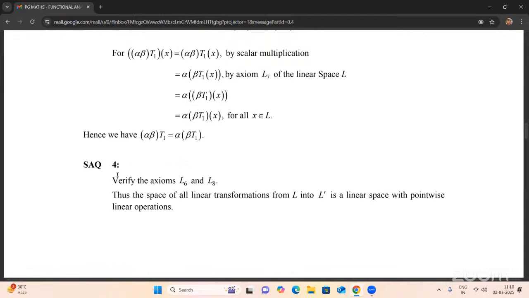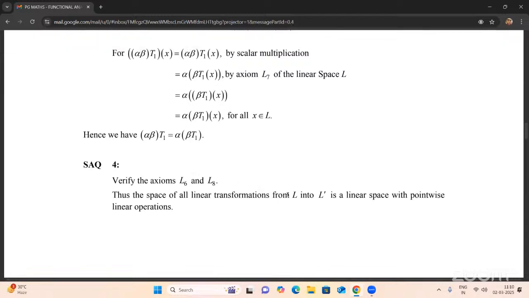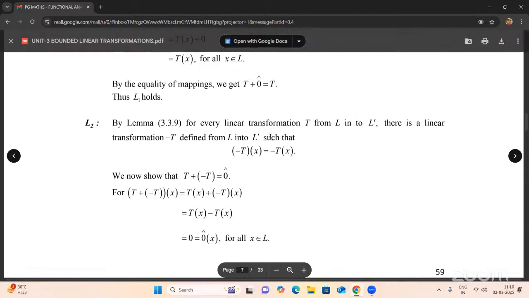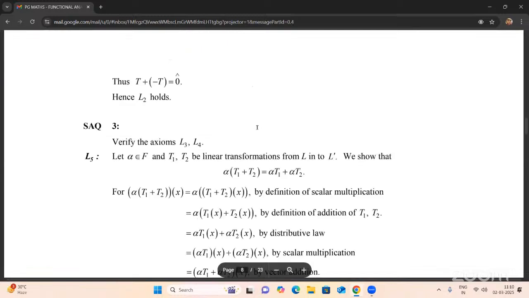Now again, this is also one of the short answer questions. You must write the continuity of this part, and at the same time the set of linear transformations from L into L dash is also a linear space. First of all, given the relation through the set of all continuous linear transformations, is it a linear transformation or not?